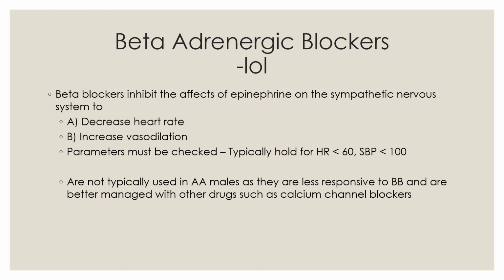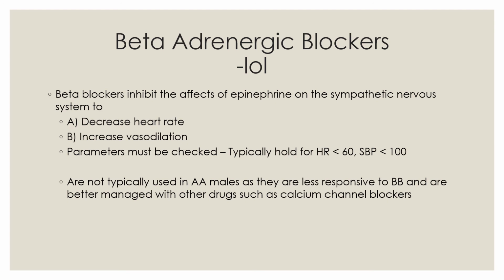Now, the thing about beta blockers is that they are typically not used in African American males because African American males don't respond well to beta blockers. Their hypertension is not mediated usually by the sympathetic nervous system. And so, in order to effectively treat our African American males, we need to be careful and make sure that we're not starting them off with a beta blocker, that we might be using a calcium channel blocker or some other medication that is in a class other than your beta blockers.